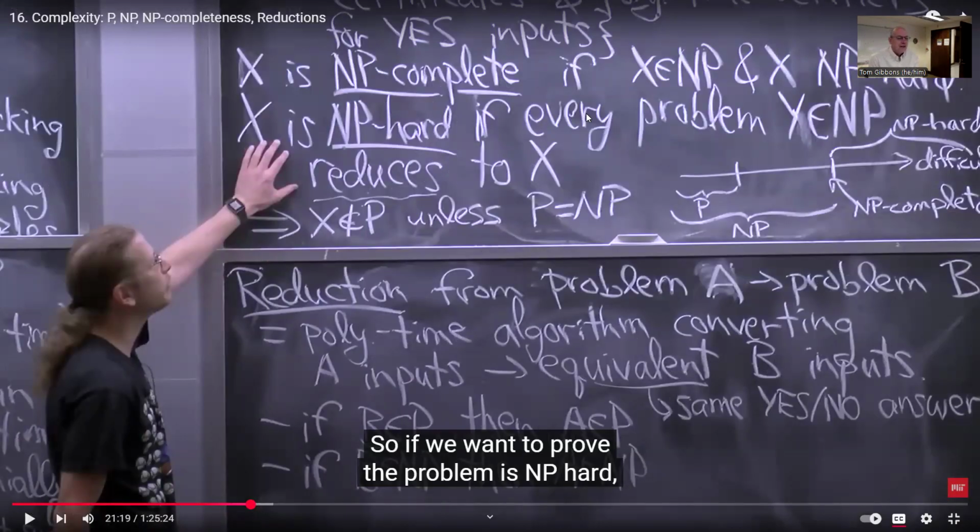One thing you'll see is counterintuitive is when we come up with a new problem, let's say Sudoku, and we want to show that Sudoku is NP complete. We don't show that we can reduce Sudoku to a problem in NP complete. We do it the other way around.